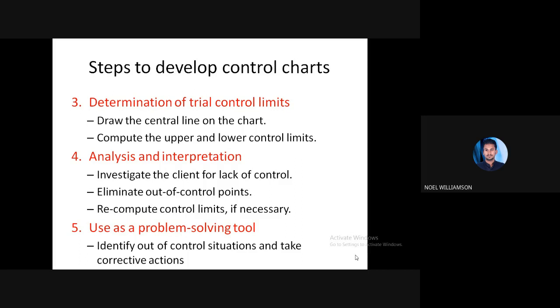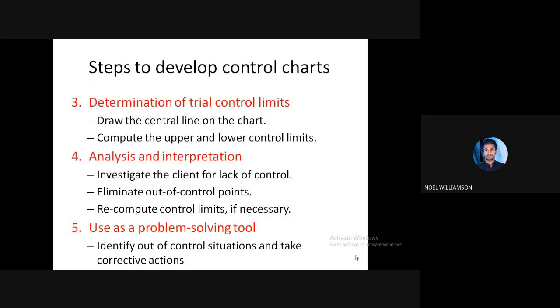Or in case the control limits are so adjusted that most of the product will be accepted, then we can recompute the control limits. So these are all done in this step, that is analysis and interpretation.